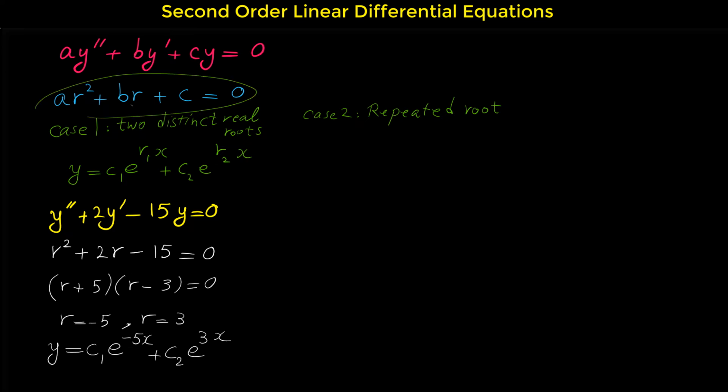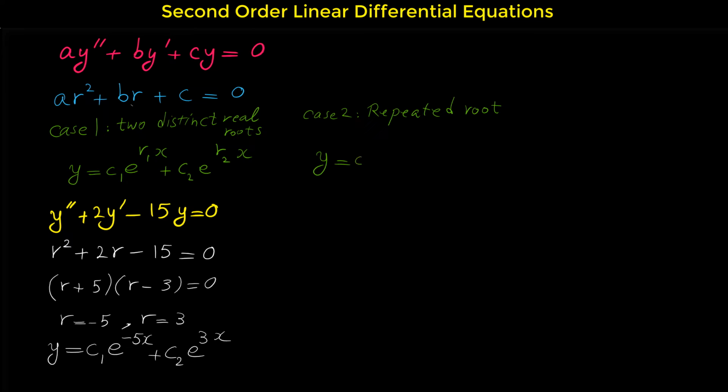Suppose when you solve the characteristic equation, instead of two different numbers, you only get one root. Then, in that case, y, the solution of the differential equation, is similar to this, but a bit different.